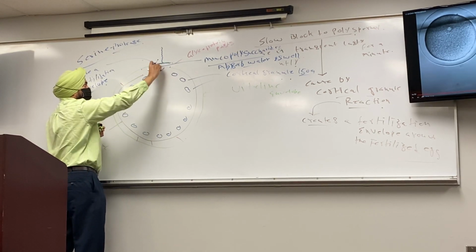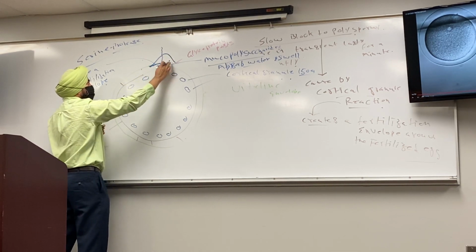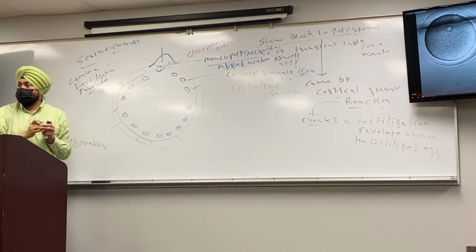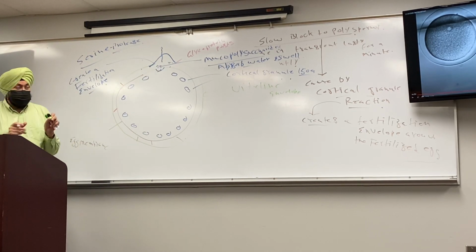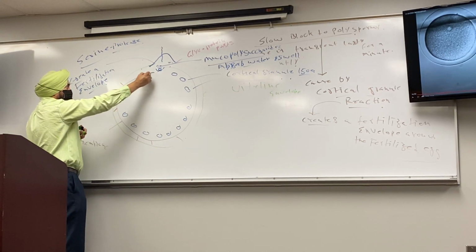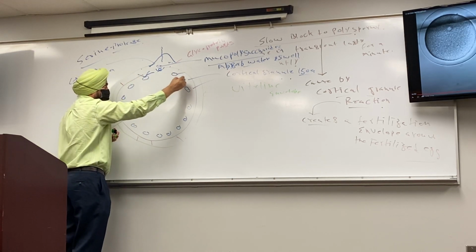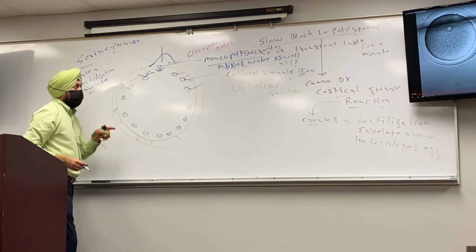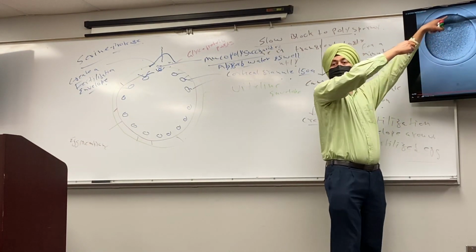What is going to happen if this is going to swell? This is going to form a structure like this, right? Making sense or no? Right? So now, this process that has started here spreads through this. Now, this cortical granule comes here, this cortical granule comes here, this comes here, this comes here, and ultimately it surrounds the whole egg.